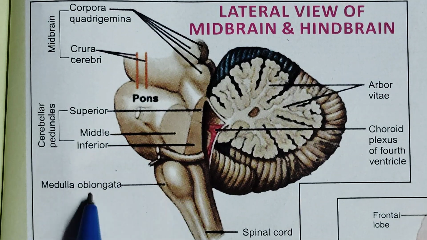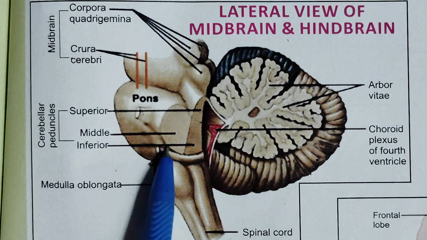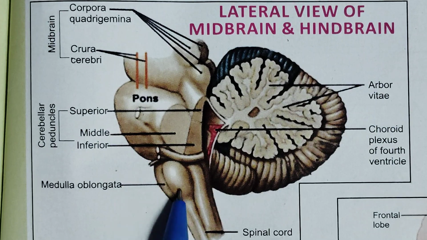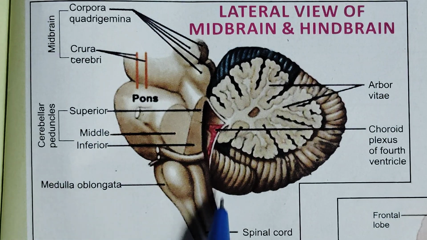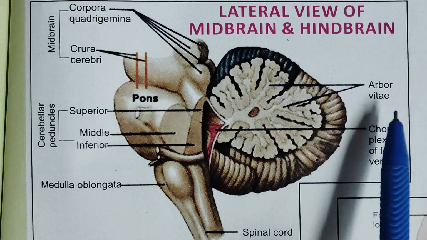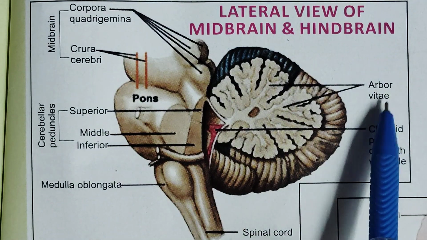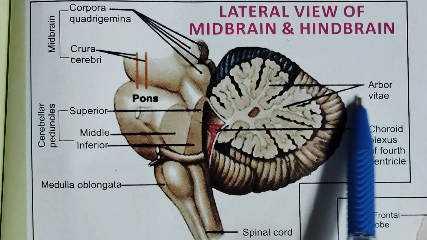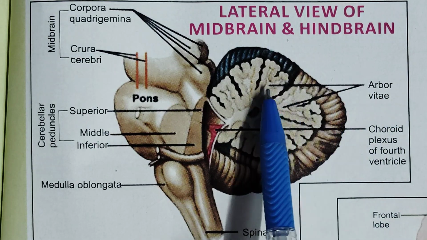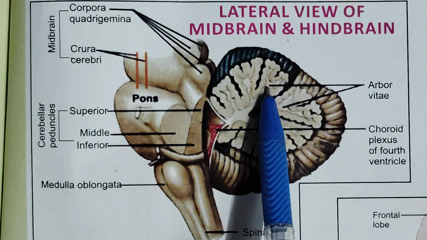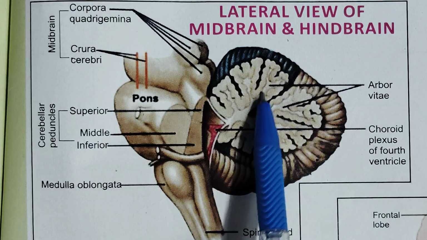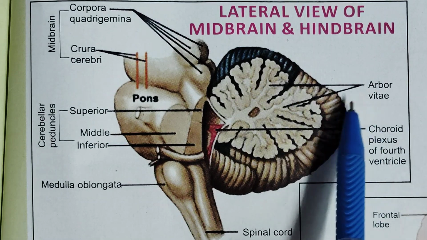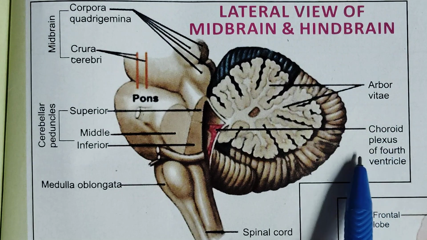Last is the medulla oblongata, which connects the brain with the spinal cord. Below it there is the spinal cord. On the right side there is the arbor vitae, these branches.